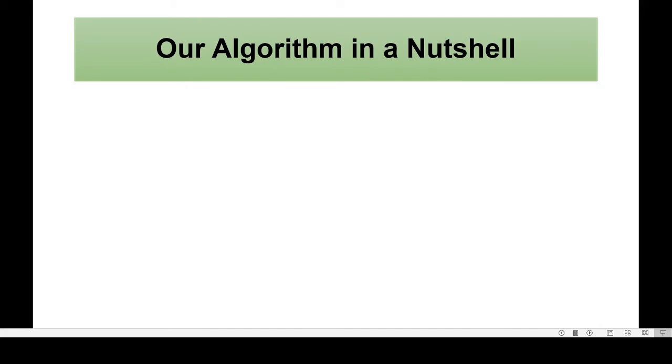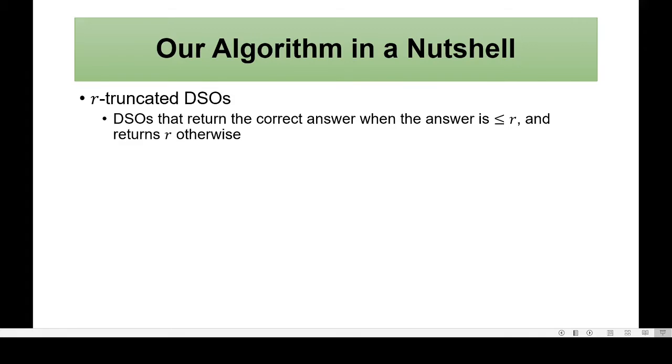So, let me give a bird's eye view of our algorithm. Instead of building a DSO in one shot, we focus on a weaker concept which is called r-truncated DSOs. It basically means a DSO that returns the correct answer when the answer is at most r and returns r otherwise.